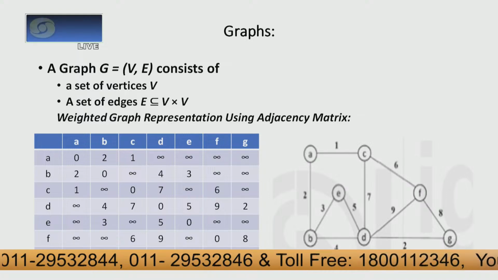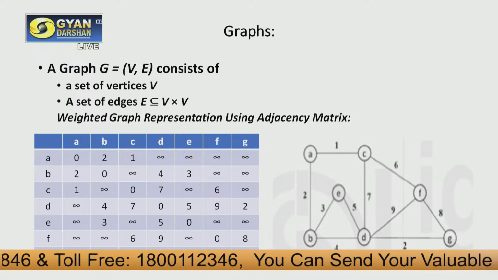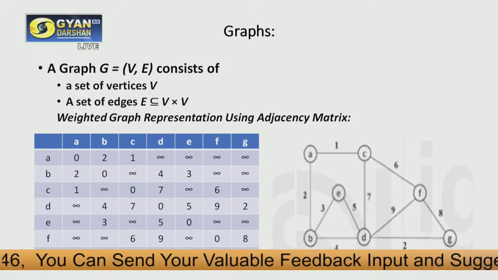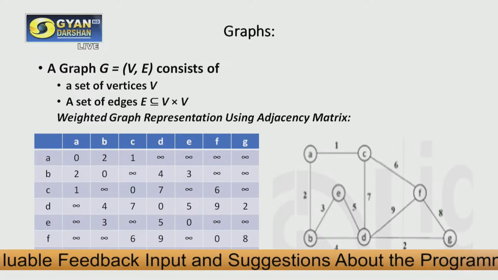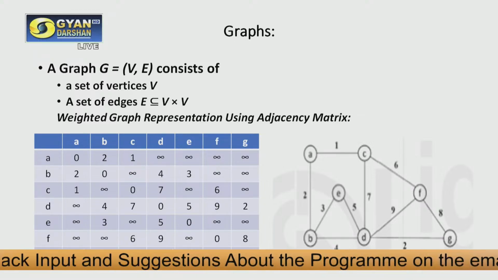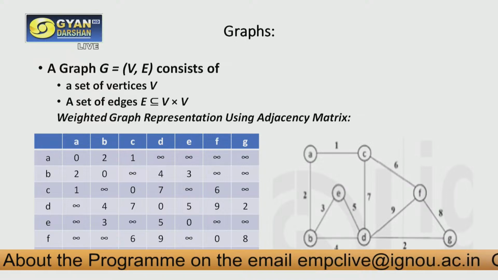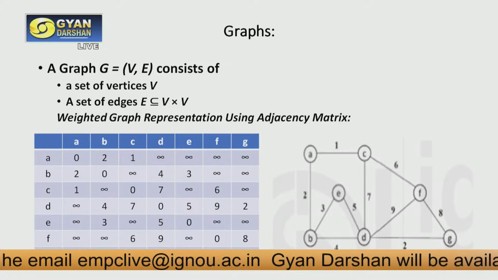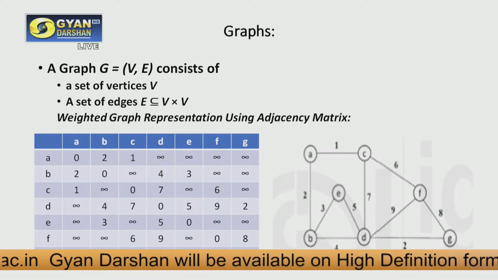Similarly, from A to C or C to A there is a path having weight 1. So in the adjacency matrix, in the first row, for A to C the entry is 1. But there is no direct path from A to D, A to E, A to F or A to Z. That's why an infinite value is represented in those cells.